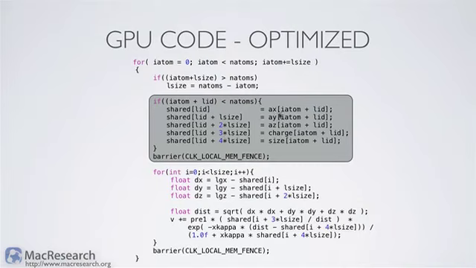So basically what we're saying is, let's say I'm work item 0 in a work group. I'm going to load the iAtom value 0 plus my offset. My offset is 0, so I'm going to load in the x value 0, and I'm going to store it into the shared position. I'm going to do the same thing for the y, z, charge, and size.